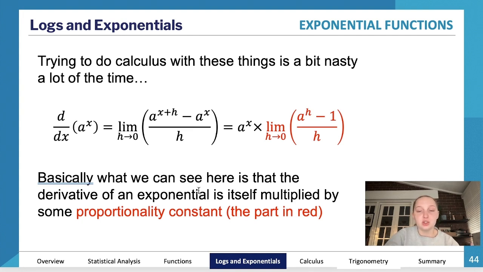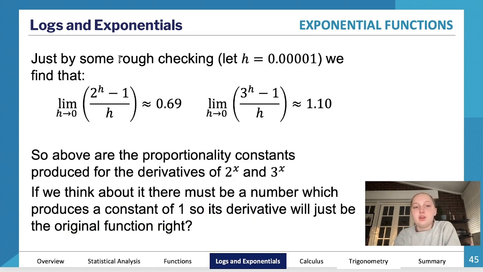The derivative of an exponential is itself multiplied by some constant of proportionality. Okay, so the derivative of our exponential here is still being multiplied by our constant of proportionality, which is this red bit.